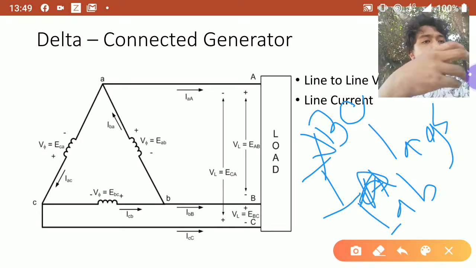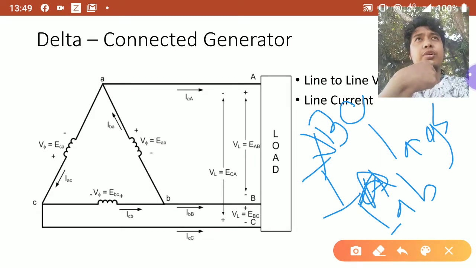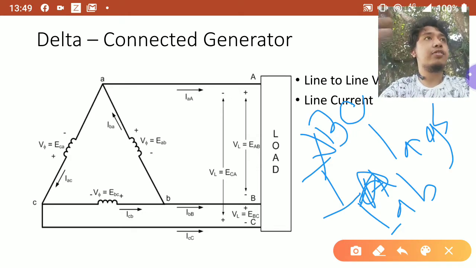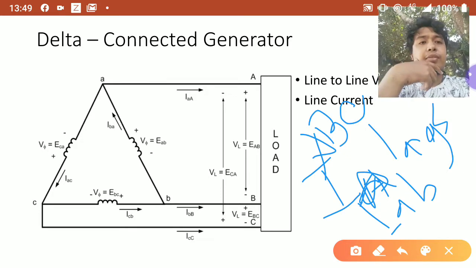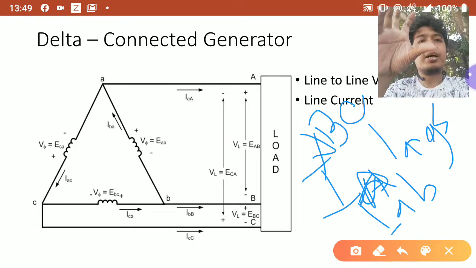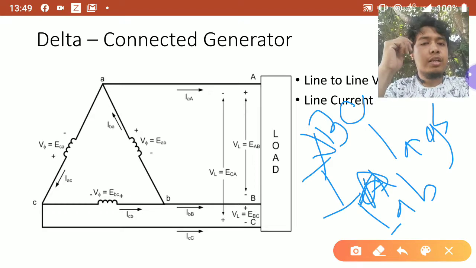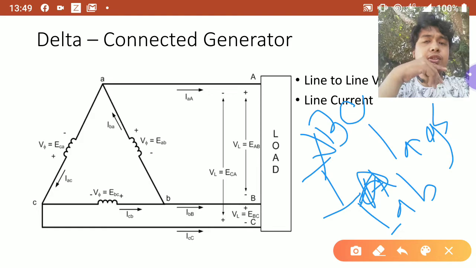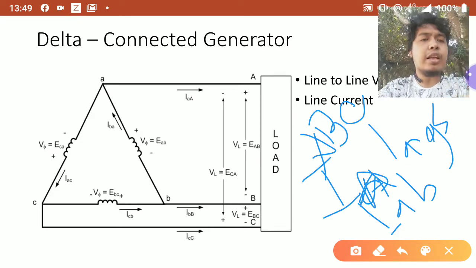And if it's in ACB, if it's Y, your line-to-line lags your phase. If it's delta, your line leads the phase. All of them by 30 degrees. Okay? So that actually works.